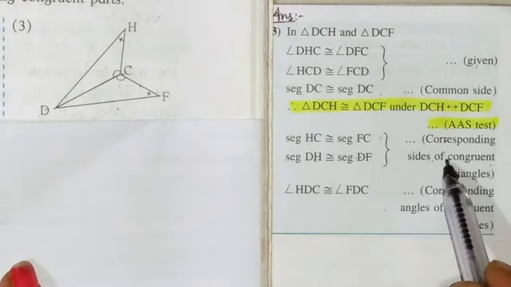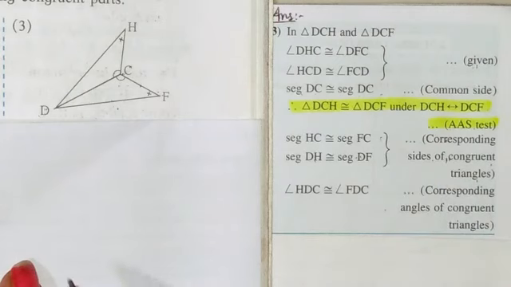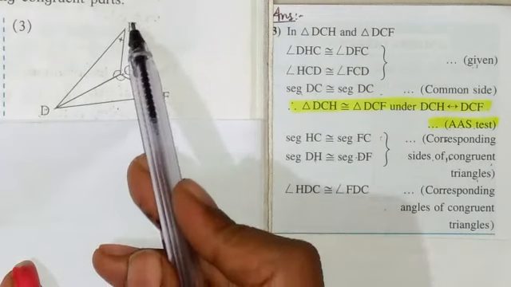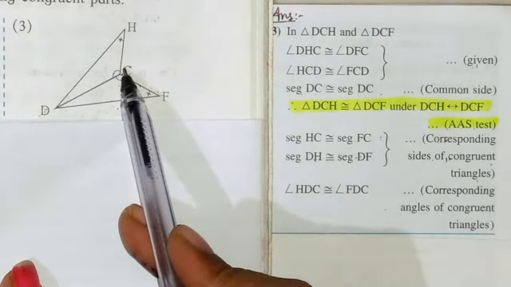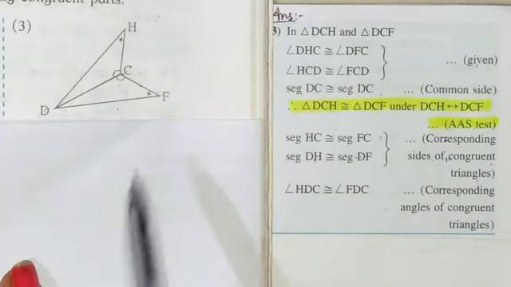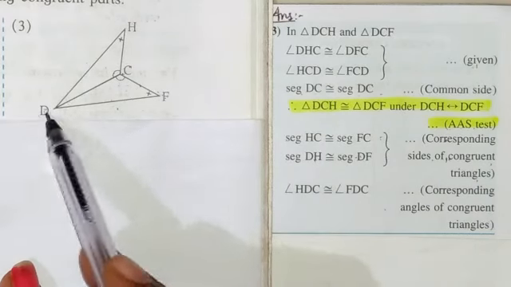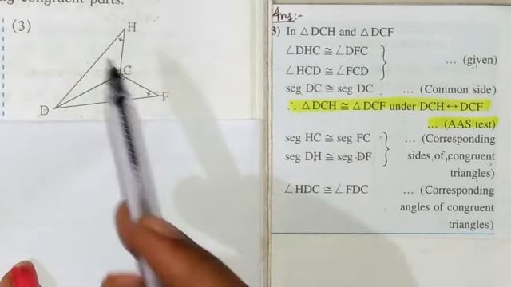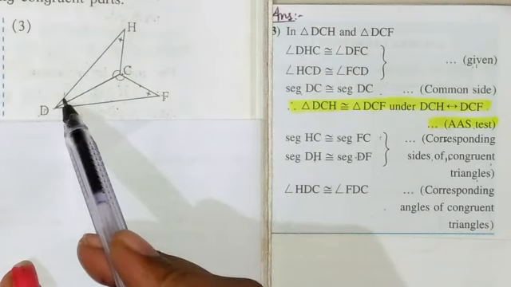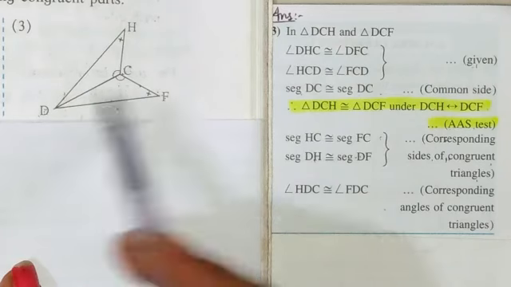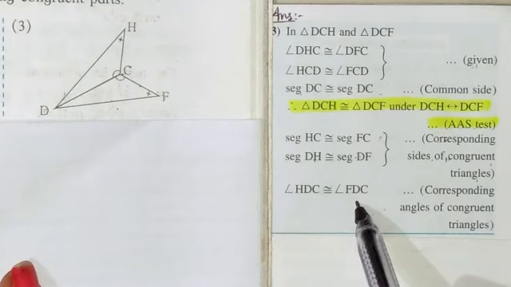That we have to mention this way. And after that, angle HDC and angle FDC, this one angle which is the remaining one from the test, we have to write in this way.